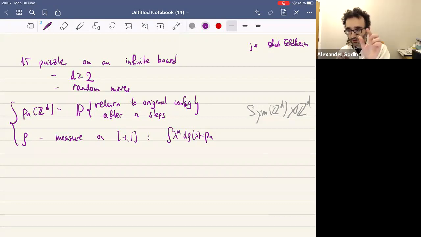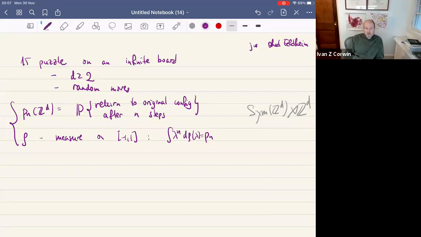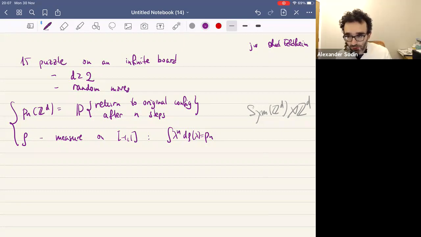No. I have an empty square. It has 2d neighbors. I pick one of them at random, and I interchange. Okay, so you start with an empty square at the origin, say. Yes. I start with an empty square somewhere at the origin, for example. So it's driven by the usual random walk. It lives on this semi-direct product, but it's driven by the usual d-dimensional random walk.